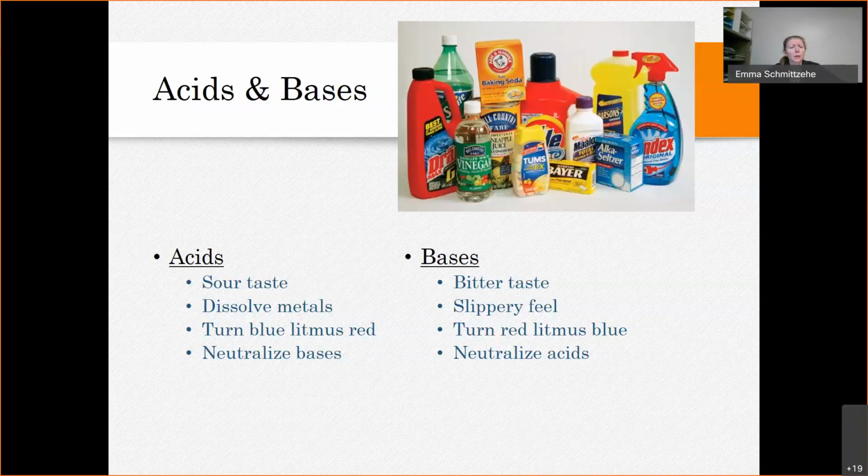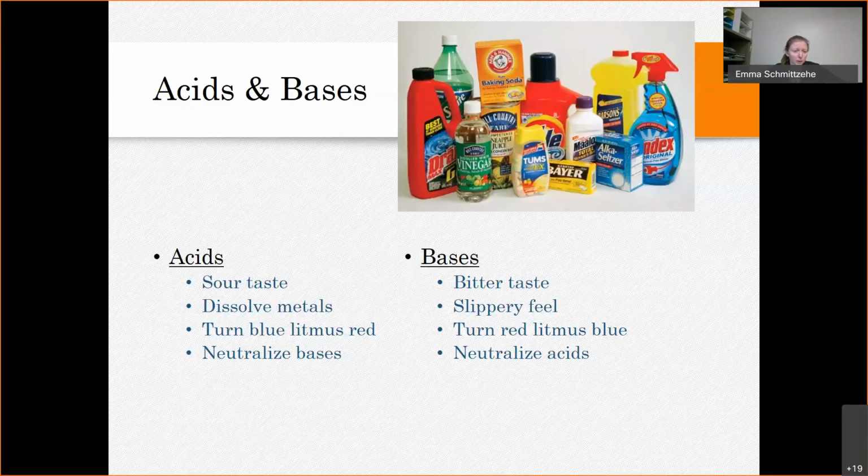And then we can do tests in the lab. So things like using litmus paper. General litmus paper, red or blue, is used to test for acids or bases. If you have blue litmus paper and you put it in a solution, if it turns red, that solution is acidic. If you have red litmus paper and you put it in a solution, if it turns blue, it's basic. There's also a fancier type of litmus paper.